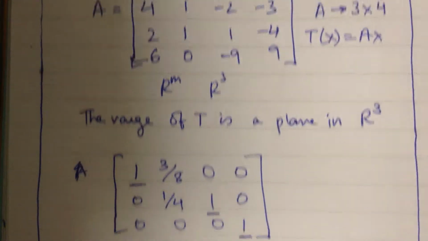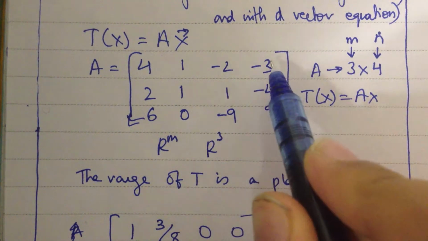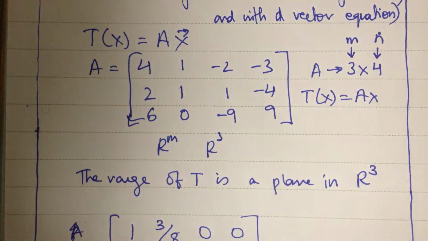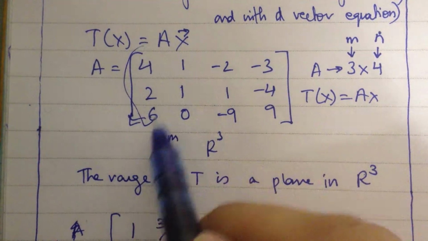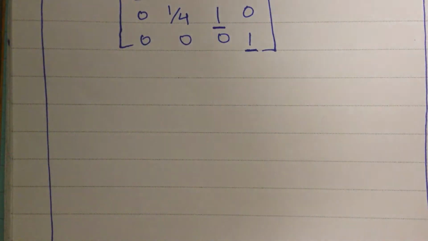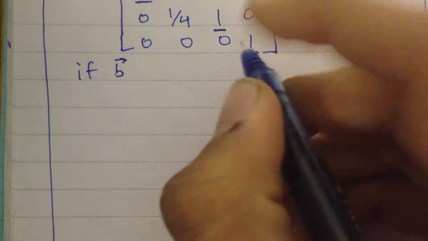So the linearly independent vectors in this matrix A would be (4, 2, 6), (negative 2, 1, negative 9), and (negative 3, negative 4, and 9). So to find the vector equation of the range of T, we will have to use these columns.